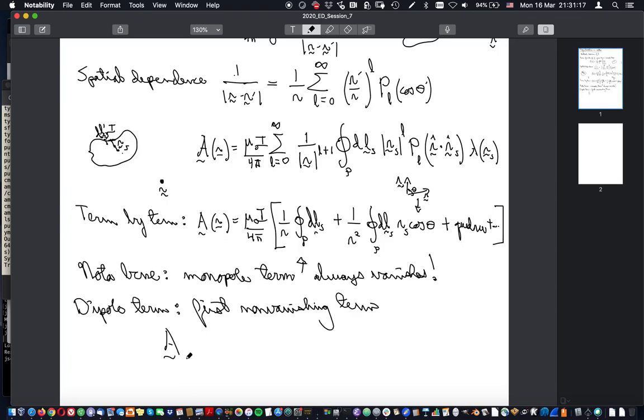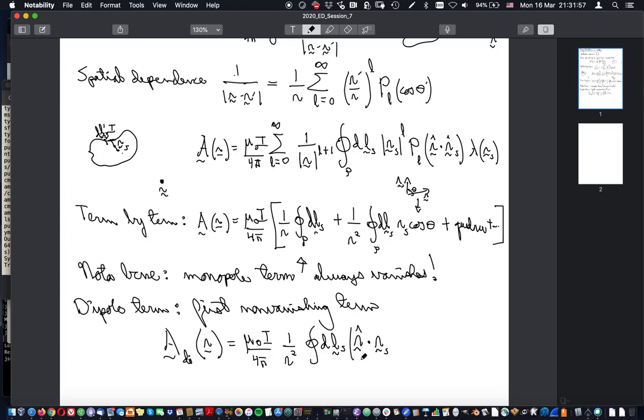Vector potential. The dipole contribution evaluated at a certain point r is equal to mu 0 I divided by 4 pi. There's a 1 over r squared, and now there's going to be from this loop an integral dl_s with the r hat dotted into r_s.